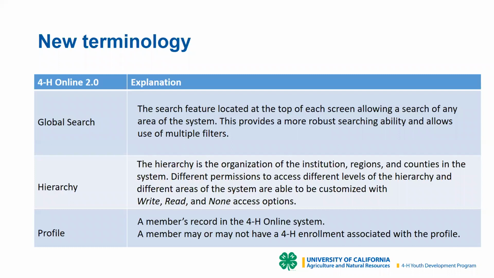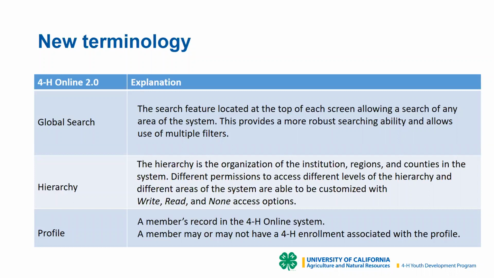Profile, a member's record in the 4-H Online system. A member may or may not have a 4-H enrollment associated with the profile. While the term profile is not necessarily new, how it is used in 4-H Online 2.0 is. 4-H Online 2.0 was built to allow an institution or university to use the enrollment system for more programs than just 4-H, like the Master Gardener program, for example.